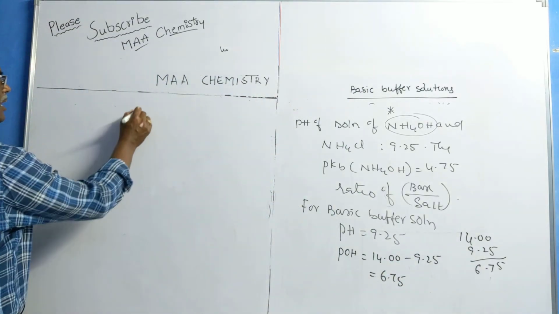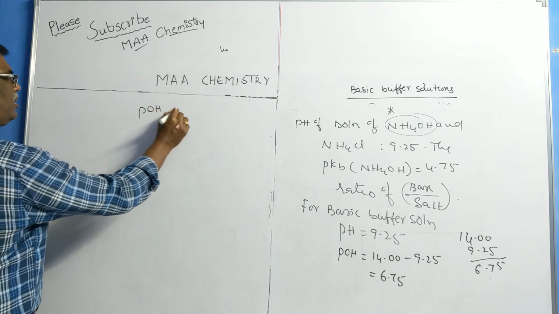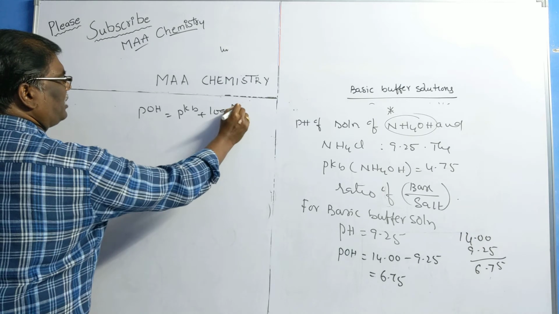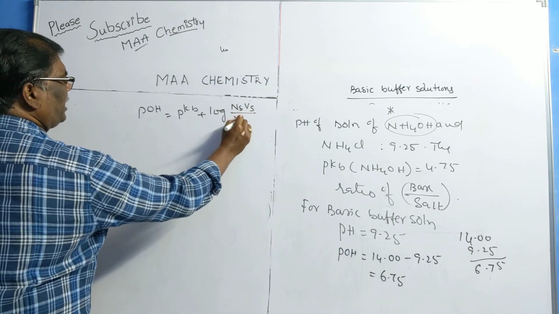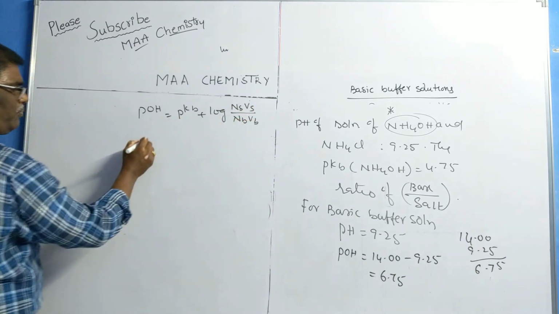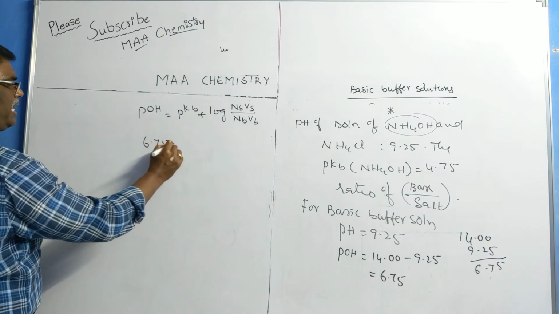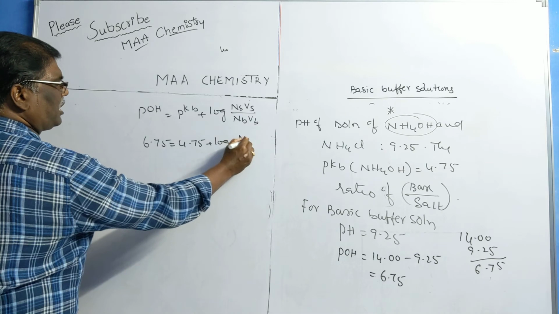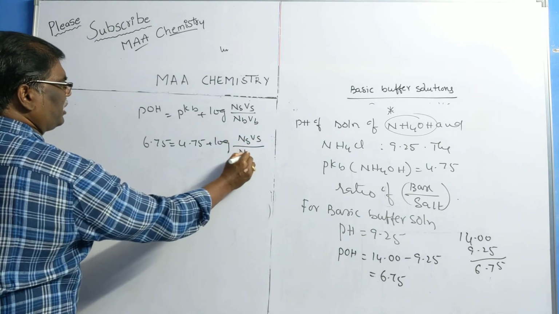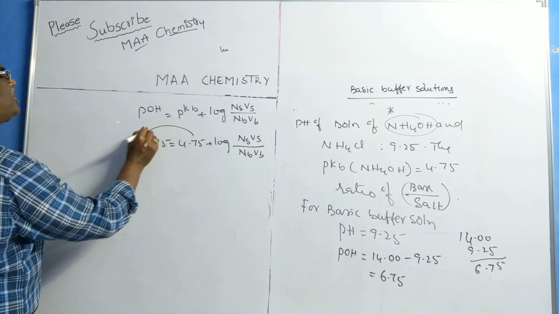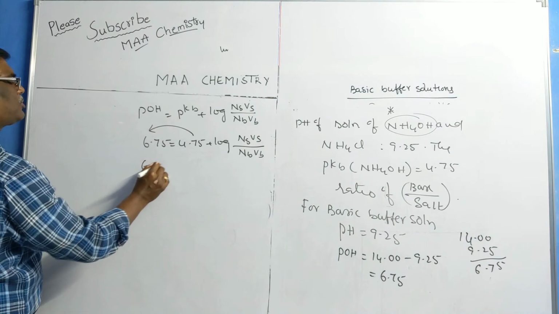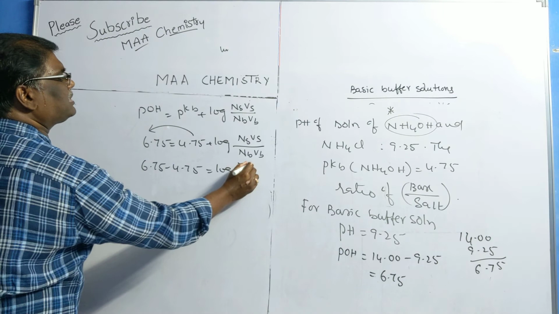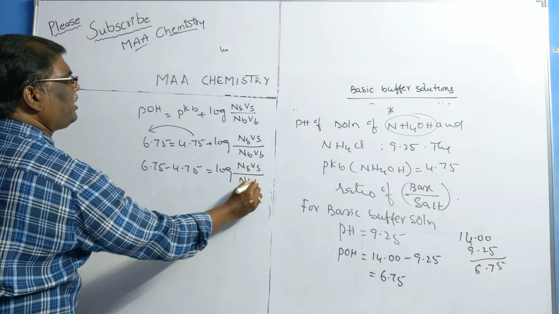Now what is the formula? pOH is equal to pKb plus log of strength of salt by strength of the base. So pOH is 6.75 equal to 4.75 plus log of strength of salt by strength of the base. Now on simplification, bringing the numerals to one side, we get log of NsVs by NbVb.